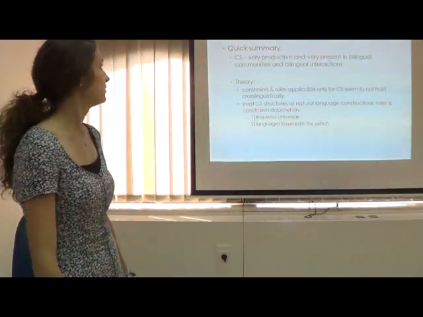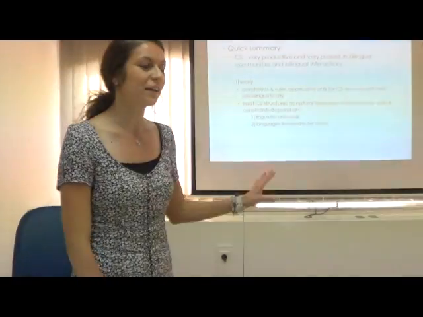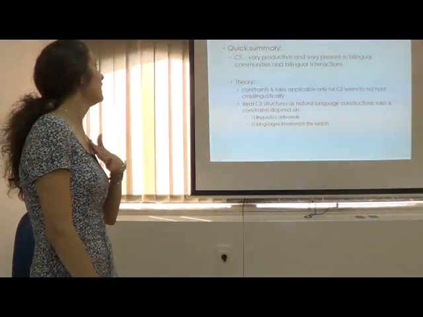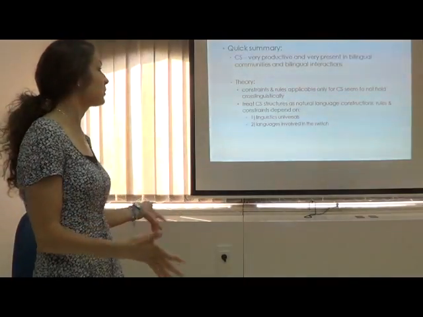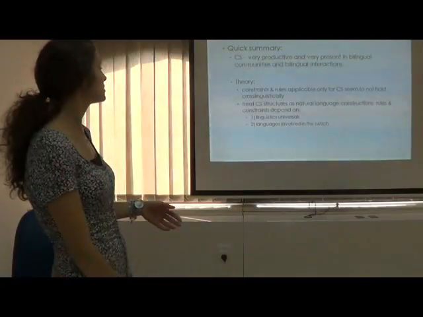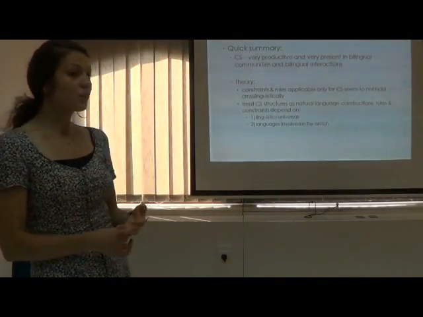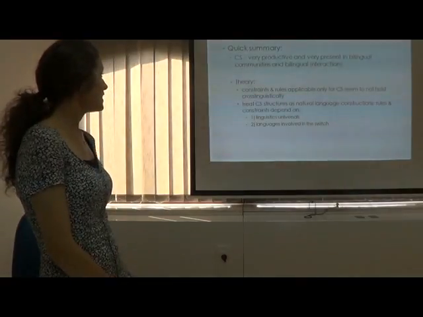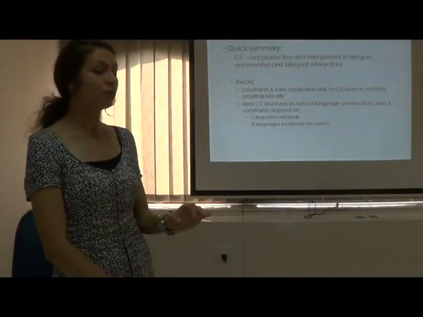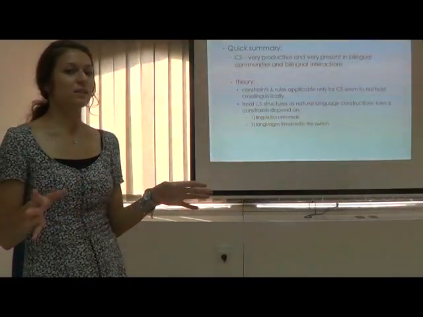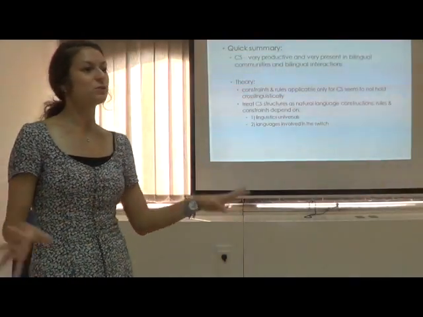Alright, now this is a little bit of a brain break and just a very quick summary of what we've talked about so far. So just that code switching is very productive and very present in bilingual communities and bilingual interactions. And when it comes to theory and research on code switching, there are constraints and rules that are applicable only for code switching that do not seem to hold cross-linguistically for all the code switching variants.